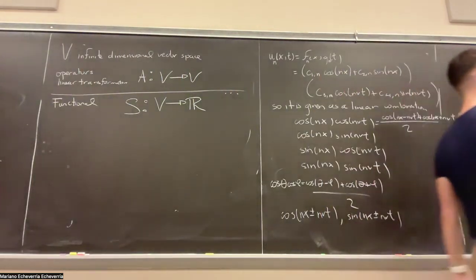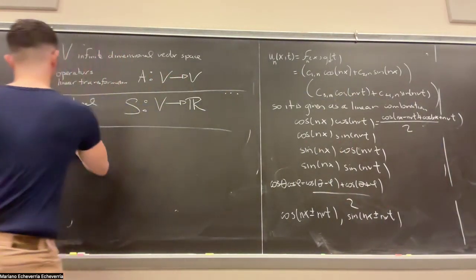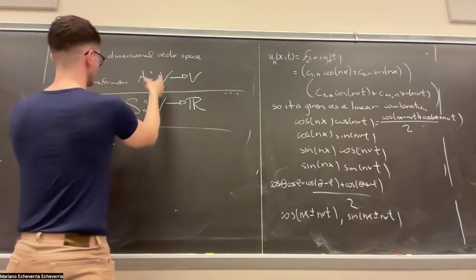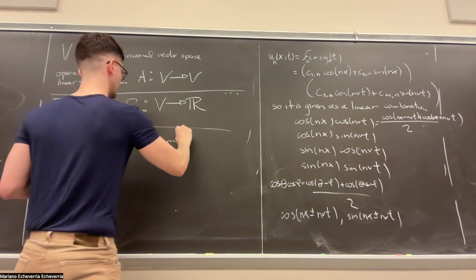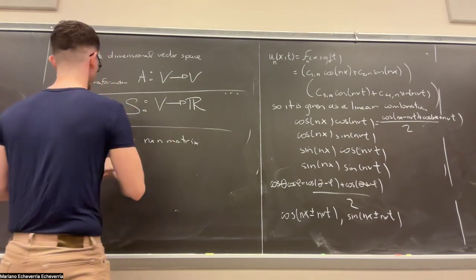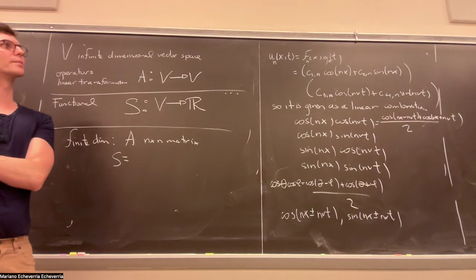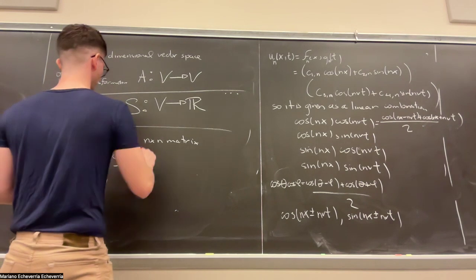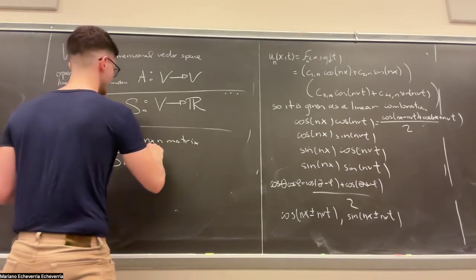Okay, so in finite dimensions, an example of the first case is A, an n by n matrix. That's the easiest thing. And an example of something like S would be, to produce a number out of a vector, you could take its norm squared.